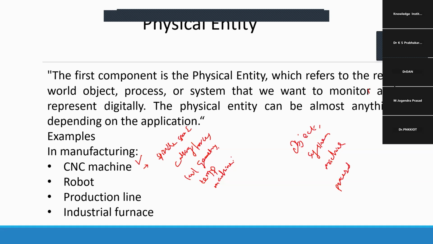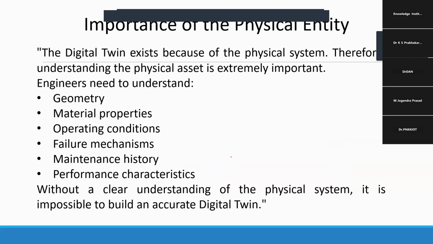For example, if you take a CNC machine, temperature, pressure, vibration, force, speed, these kinds of parameters are important. So we need to collect this data. Next we need a digital environment where this information can be interpreted and analyzed. That brings us to the second component.